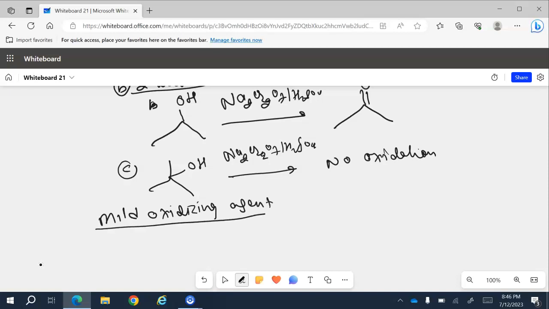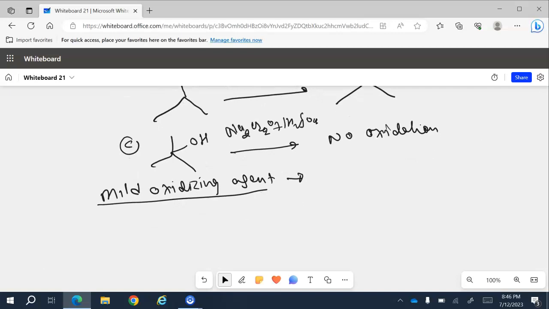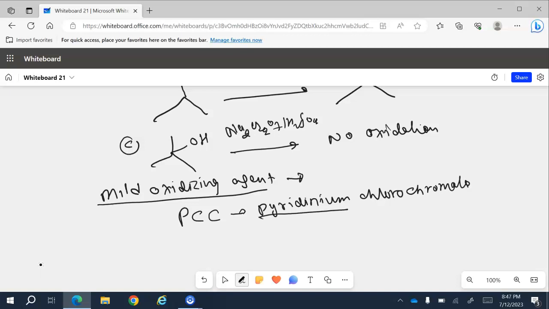mild oxidizing agent, some very common mild oxidizing agent that you need to be familiar with is PCC, that is called, the full form is pyridinium chlorochromate. Pyridinium chlorochromate, that is what we call PCC, and the structure is pyridine is like a 6-member ring with one of the members as nitrogen.